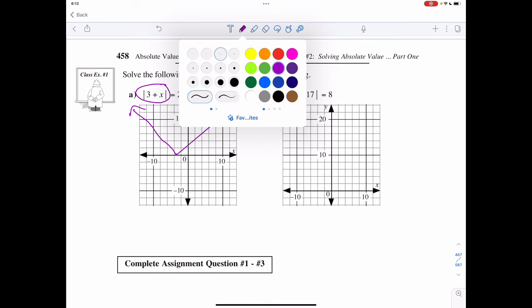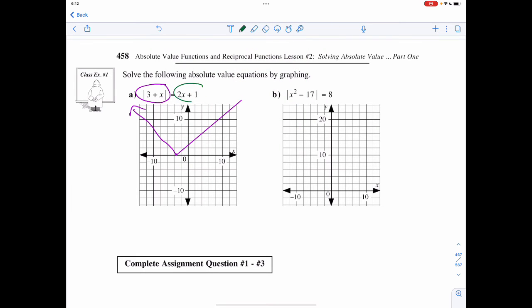And I'm going to take the right side, I'm going to graph it out, and I'm going to get something that looks like this. And then I should see that there's a point where those two lines cross.